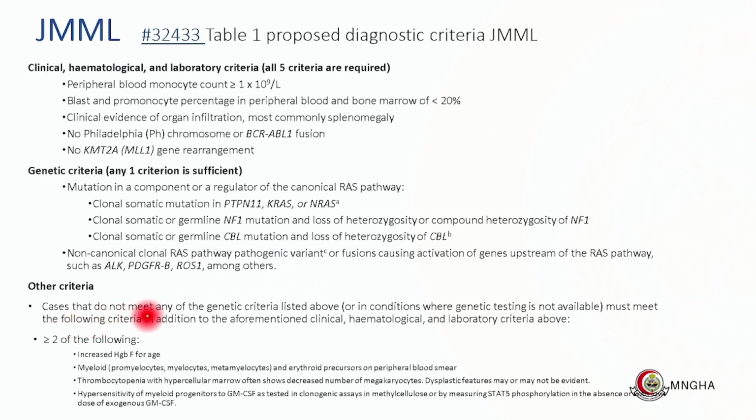In case we could not meet the genetic criteria or the genetic testing is not available, then we need 2 of the other criteria: increased hemoglobin F, left shift in the peripheral blood, thrombocytopenia with bone marrow hypercellularity and dysplastic changes or no dysplastic changes in the bone marrow, and hypersensitivity to GM-CSF.